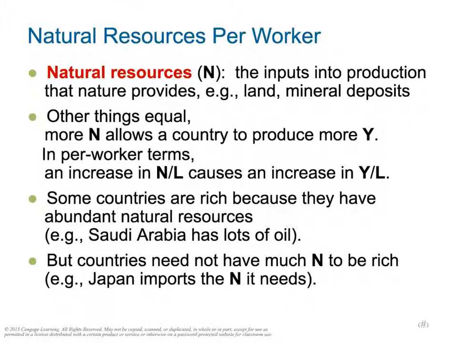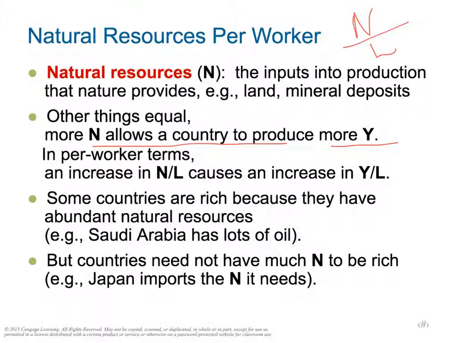Another one we can look at would be natural resources per worker. So in this case, we're just going to take N, very similar to that land idea that we talked about before, and then we're going to divide that by our labor force. Okay, and again, the more natural resources a country has, the more that they can produce.